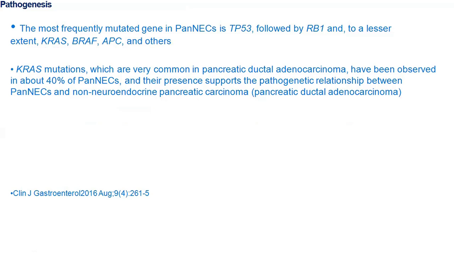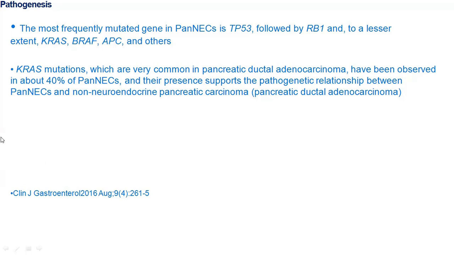In terms of pathogenesis, the hypothesis is that the conventional counterparts, such as adenocarcinoma or squamous cell carcinoma, commonly have a high turnover rate. During their divisions, they acquire more and more mutations, especially in the TP53 or RB genes, and to a lesser extent KRAS, BRAF, APC and other genes, and they transform from the original conventional form to neuroendocrine carcinomas.